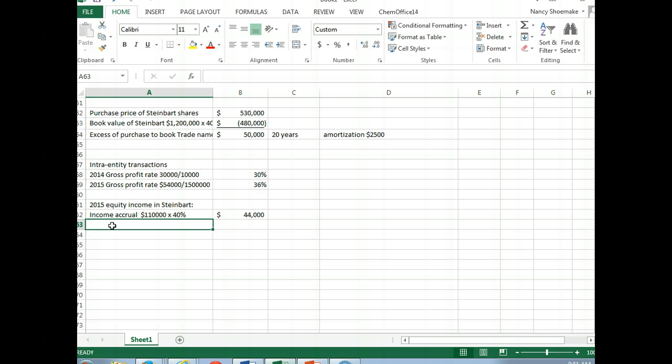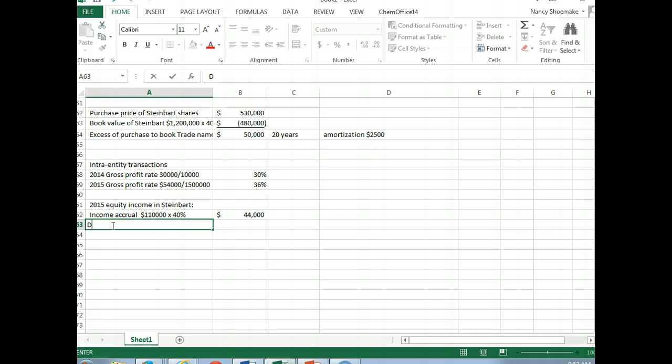The dividend is used in the asset account. Okay?